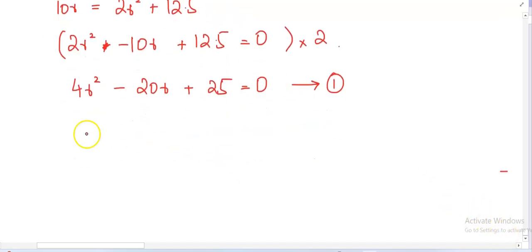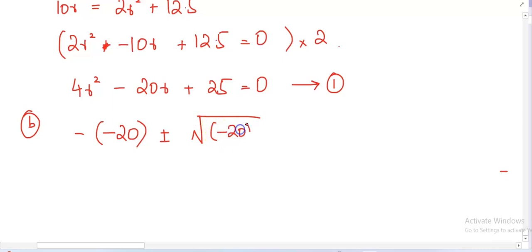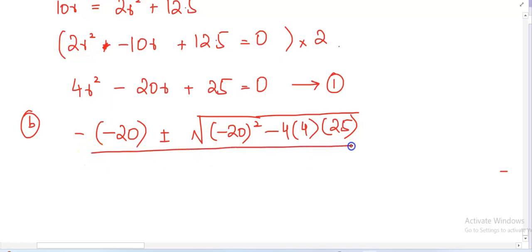Is there a way we can find the value of r and theta? Yes. How are we supposed to do that? We need to find the value of r first. The way we can find r is by applying the quadratic formula, which is minus b plus or minus the square root of b squared minus 4ac, all divided by 2a, and that is equal to the value of r.